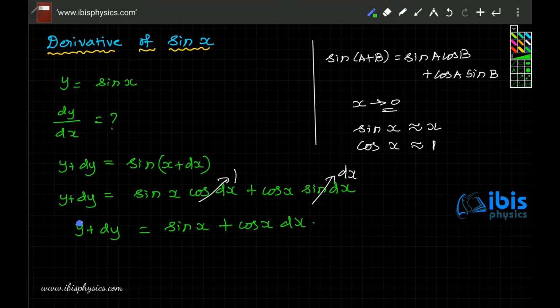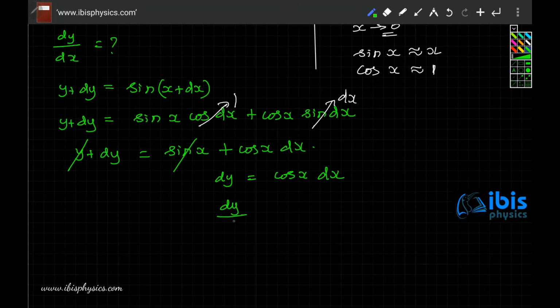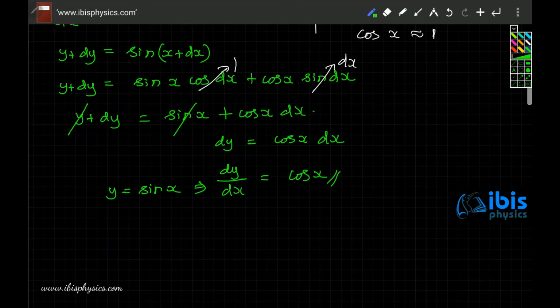Because y is equal to sin x, y and sin x will be cancelled. So dy equal to cos x dx, and dy by dx becomes cos x. So if y equal to sin x, then the differentiation of that, the derivative of sin x, is cos x.